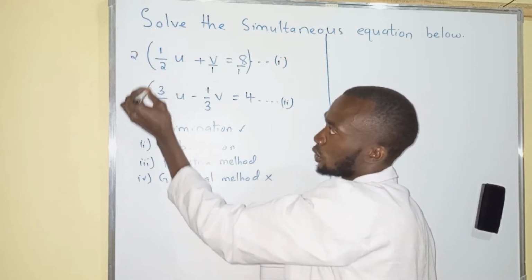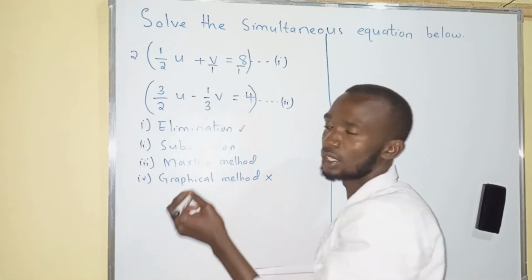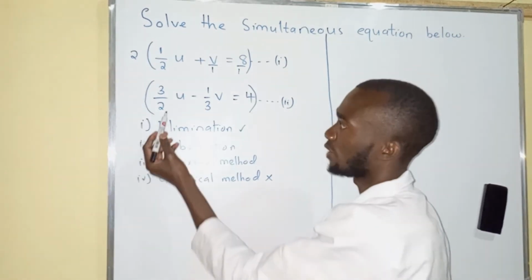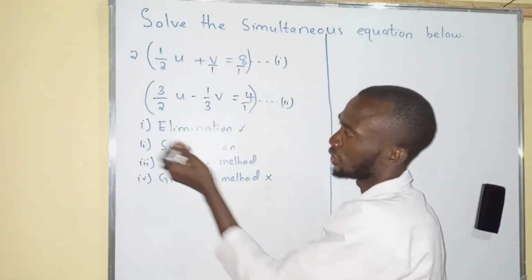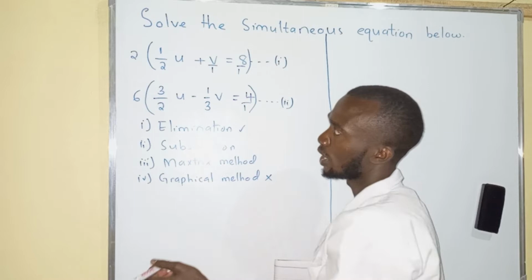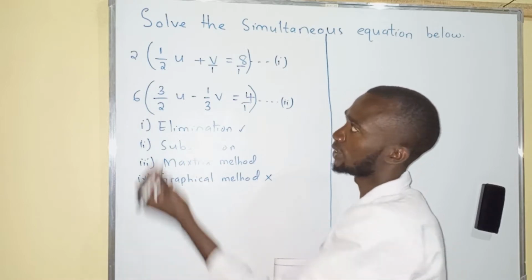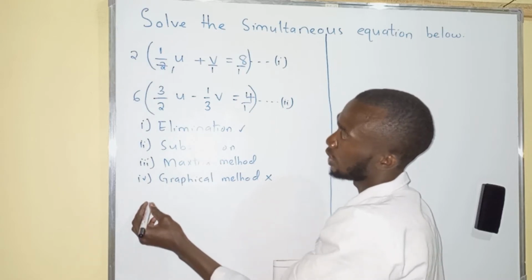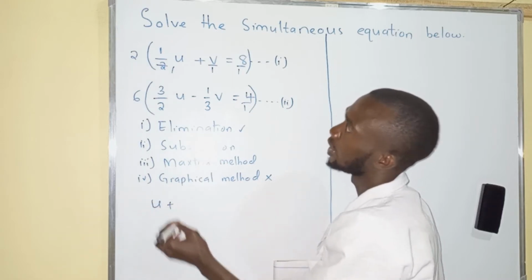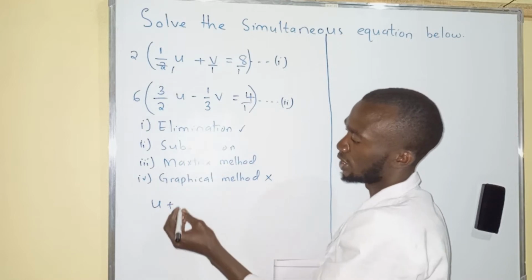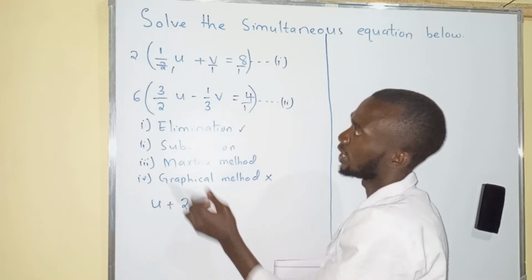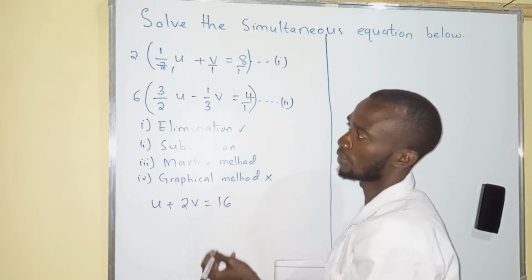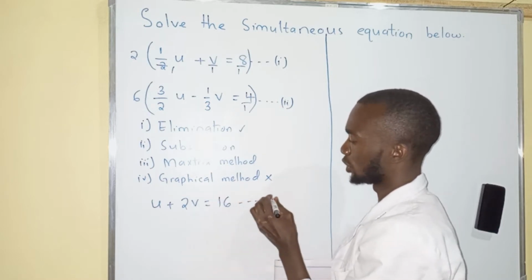The second equation also, I multiply everything by the LCM of the denominators. The denominators are 2, 3 and 1, so the LCM is 6. Now my equation 1 becomes u plus 2v is equivalent to 2 times 8, which is 16. This now becomes my equation 3.